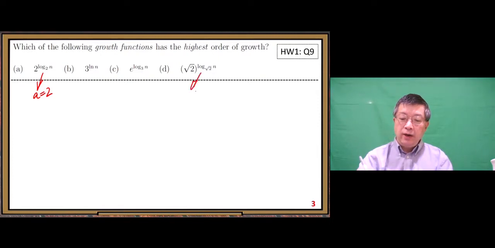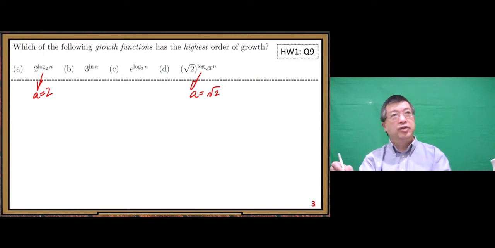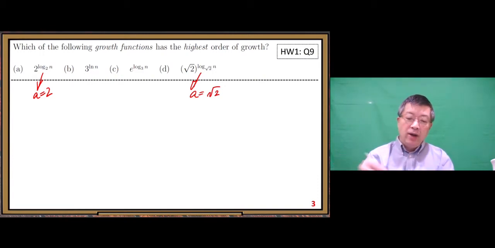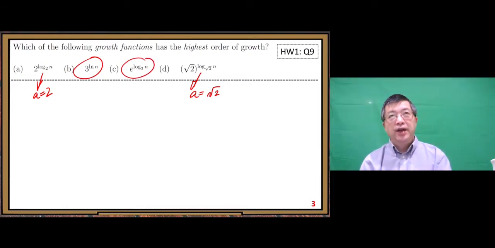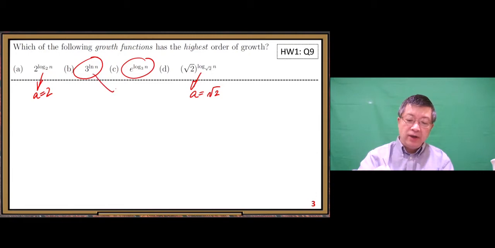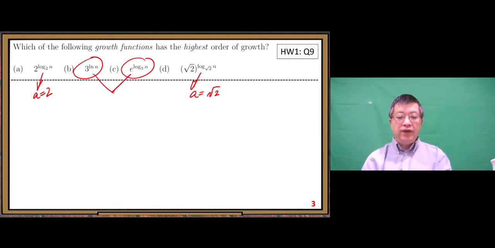Here, a equals root 2, so you can simplify it. But here, things are a little different, so you may not feel comfortable simplifying these two expressions.